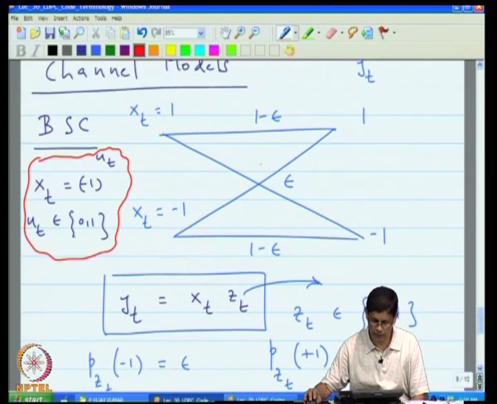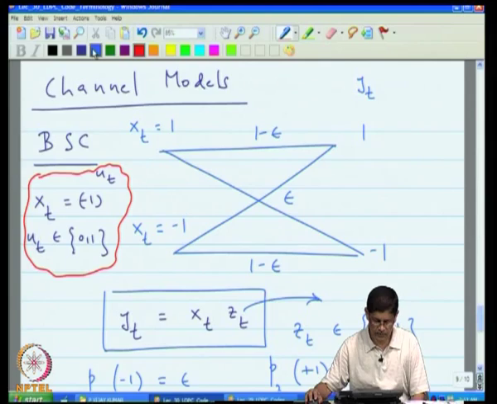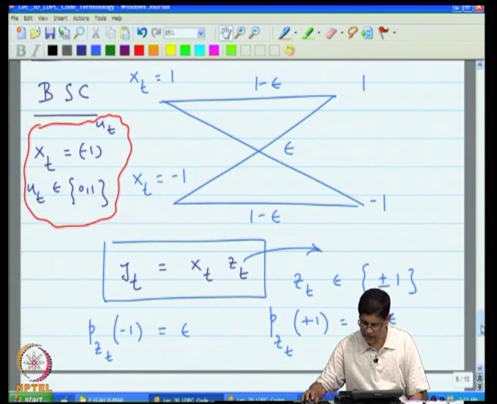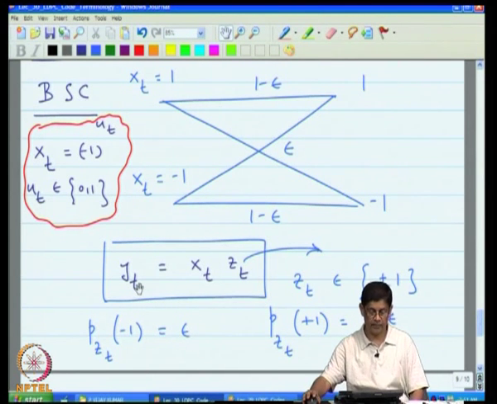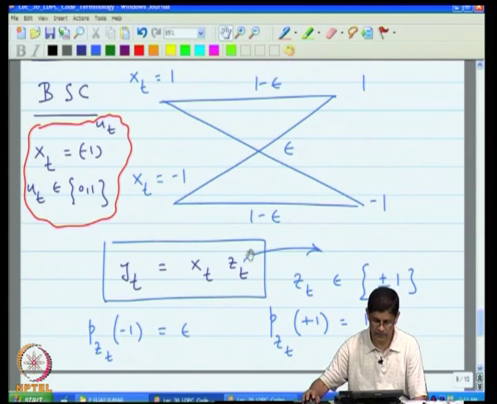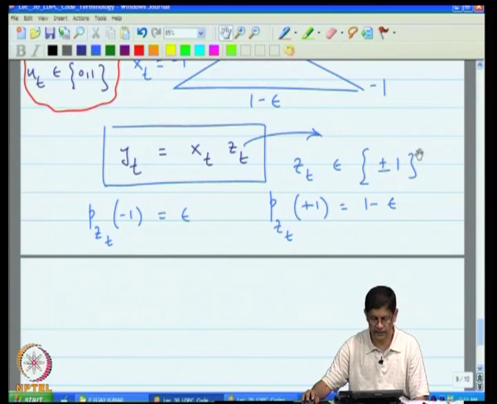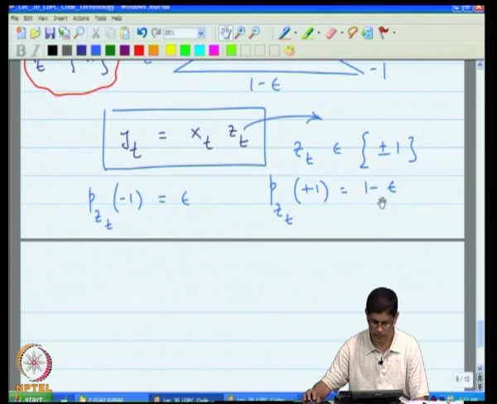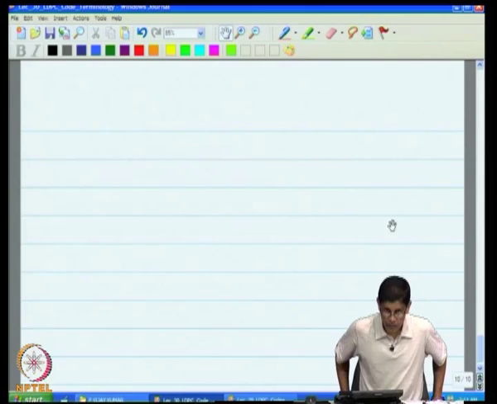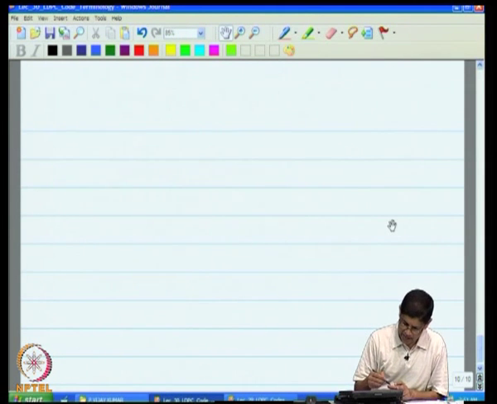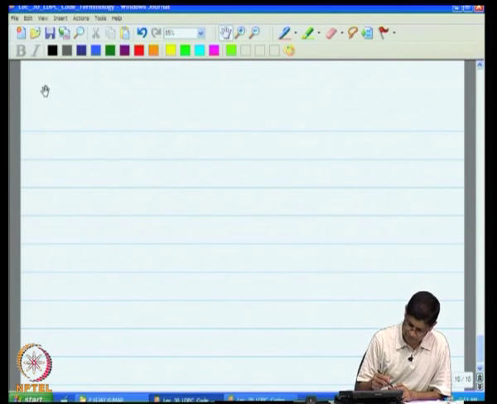We will view the input and output as plus minus 1 rather than 0 and 1, and the conversion is just via minus 1 to the power. So, 1 here really stands for u_t equal to 0, and minus 1 corresponds to u_t equal to 1. I have just pointed out that you can represent this channel multiplicatively, that is, you can pretend that the output is obtained by multiplying the input symbol by a particular symbol, which can take on plus minus 1 values with these probabilities.